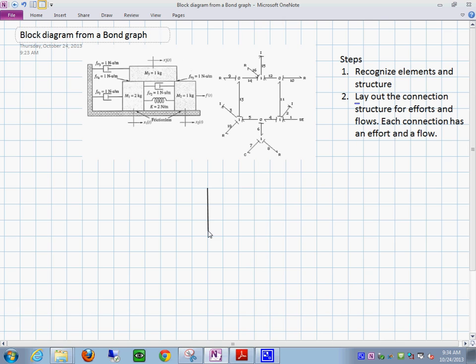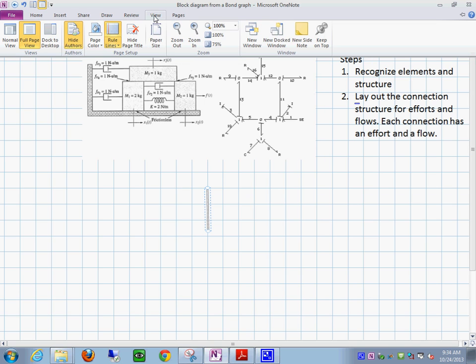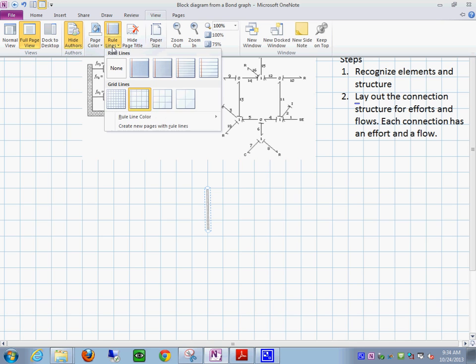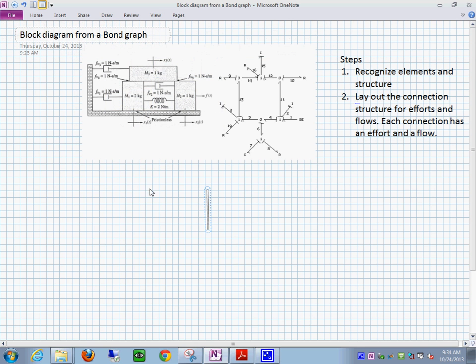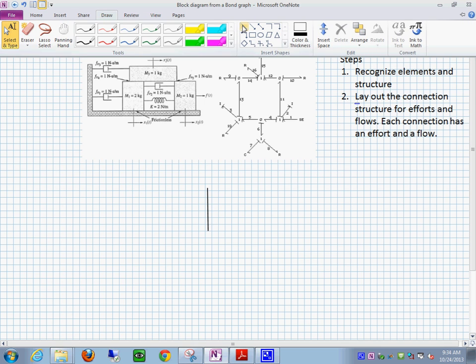No, 3, I think. Well, here's what I'm going to do. We are going to reduce this to make the drawing a little more precise. There we go.